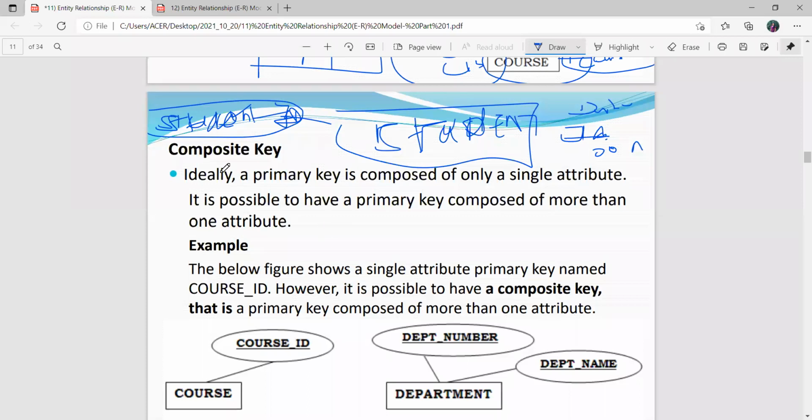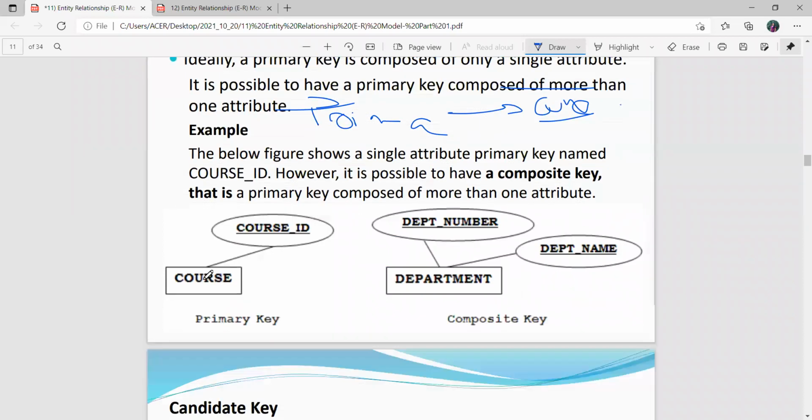There are cases where two or more attributes contribute to form a primary key. Such keys are known as composite keys. You can see this is the course, and the course ID is the primary key of this course entity.